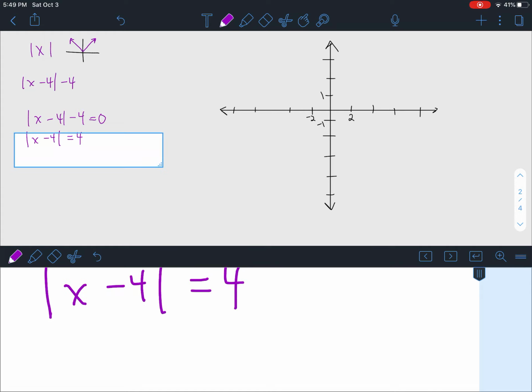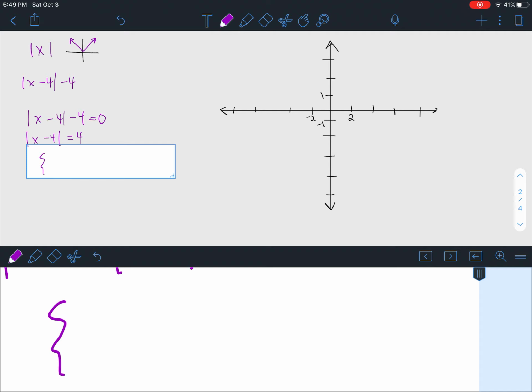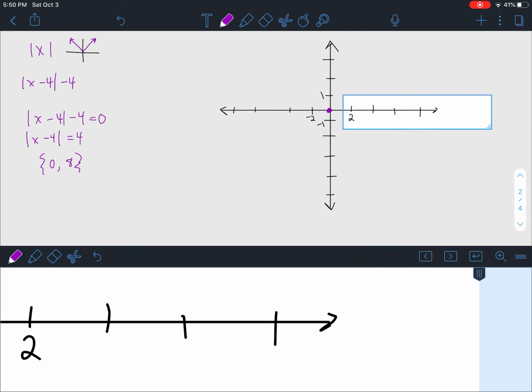So when is the absolute value of x minus 4 equal to 4? Well, that's 0 because the absolute value of negative 4 is 4, so the solution set includes 0. And then 8, because 8 minus 4, the absolute value of that is 4 as well. That's when it crosses the x-axis. So you'll have a point at 0, 0 and 8, 0.